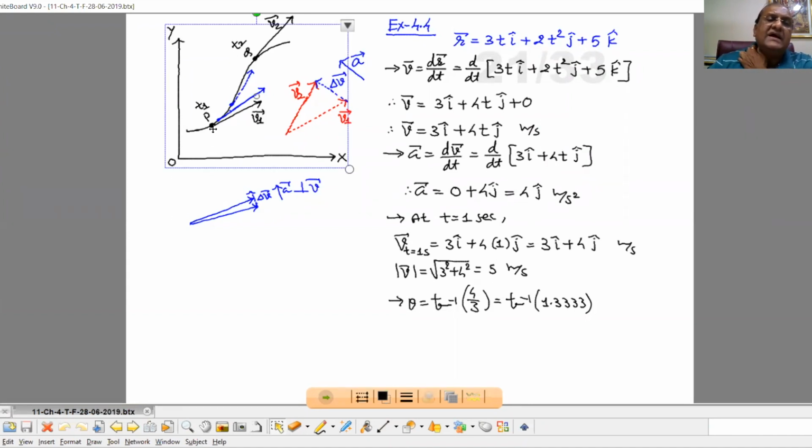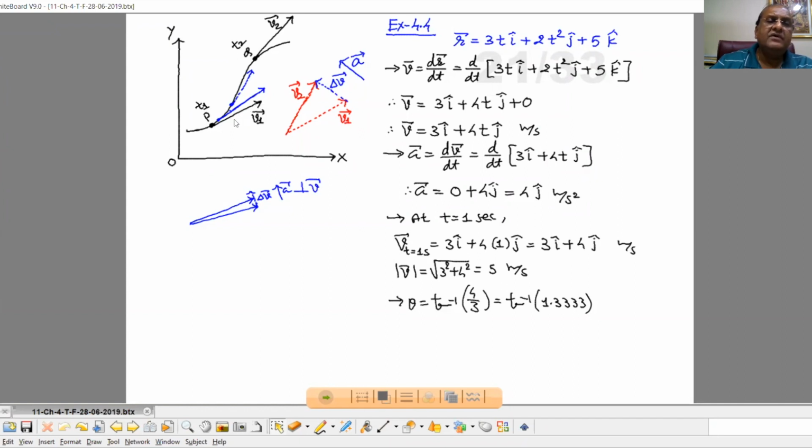Suppose at time t1 the particle is at position p. Its velocity at time t1 at position p is in the tangential direction.